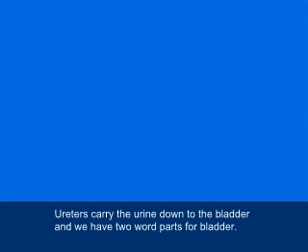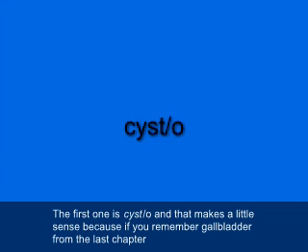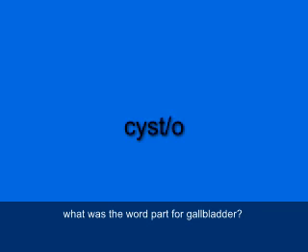The ureters carry the urine down to the bladder, and we've got two word parts for bladder. The first one is cysto, C-Y-S-T/O, and that makes a little sense because if you remember gallbladder from the last chapter, what was the word part for gallbladder?